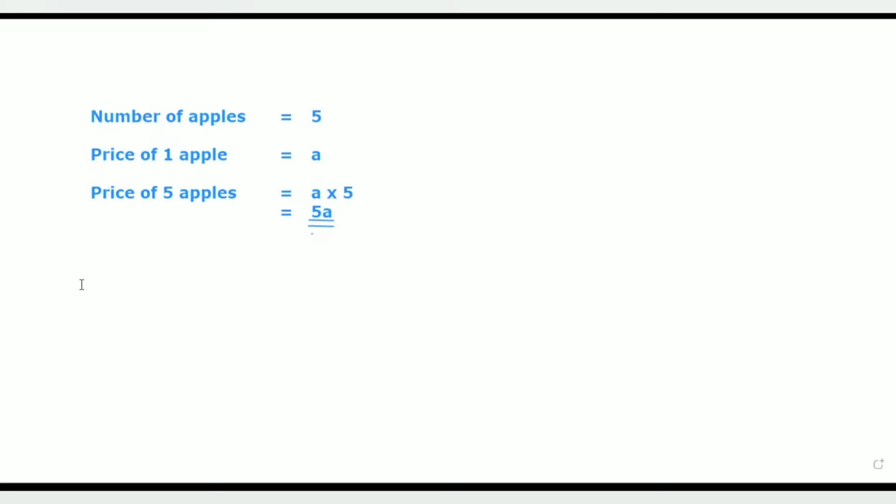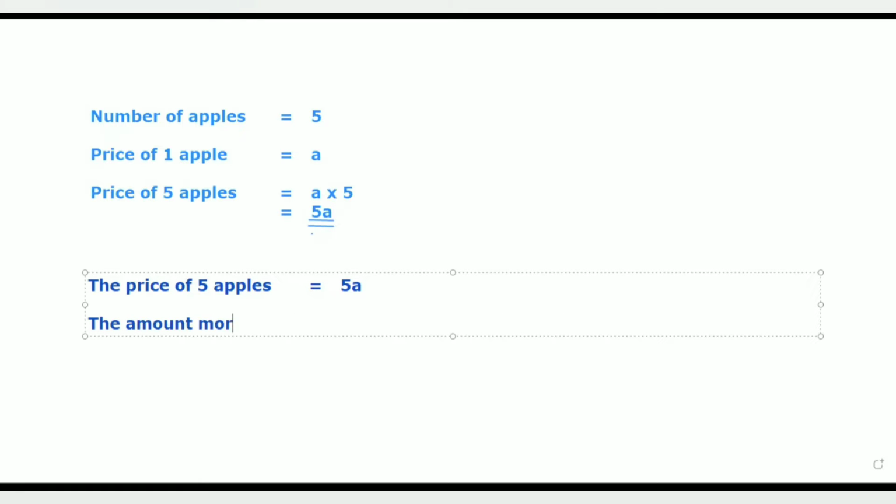Right? So let's see. First we'll take the price of 5 apples. The price of 5 apples, we already have found, that is 5A. Right? Then next one, the amount more of pineapples.